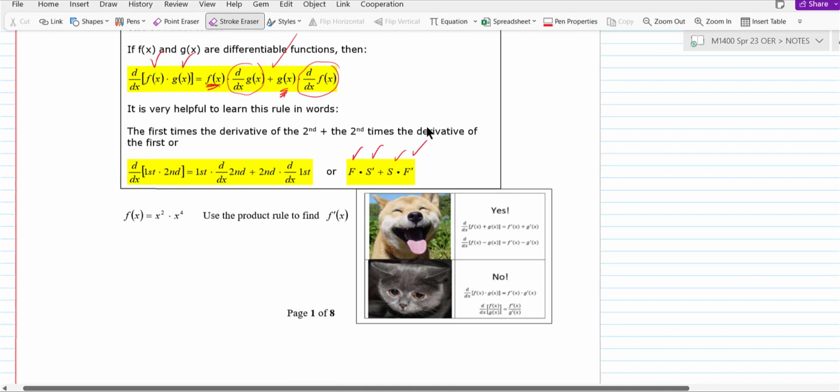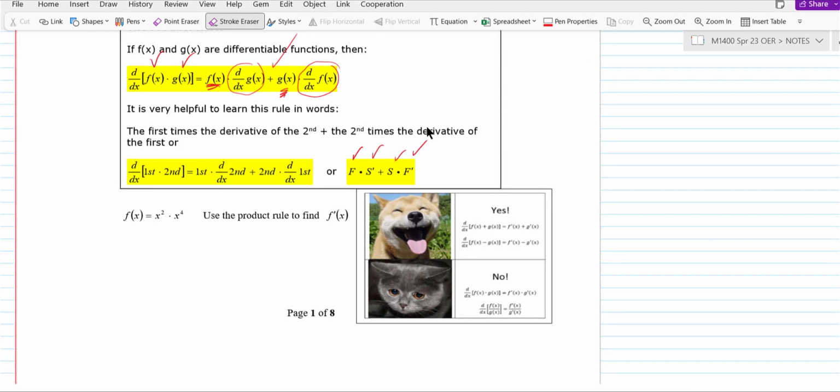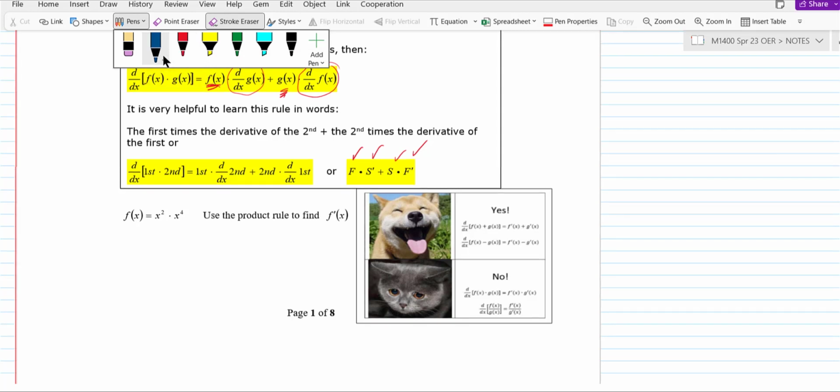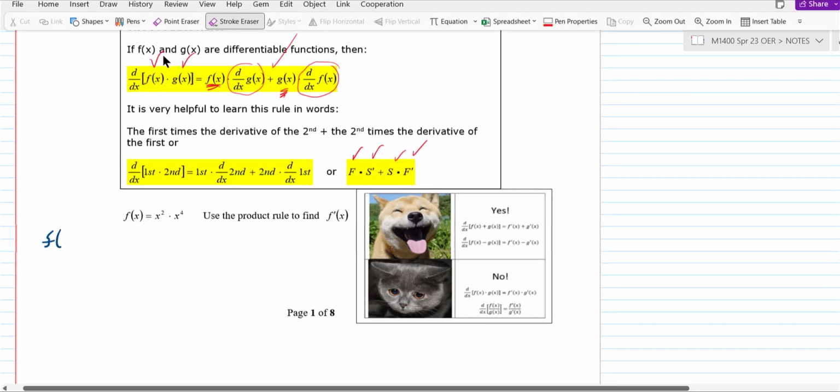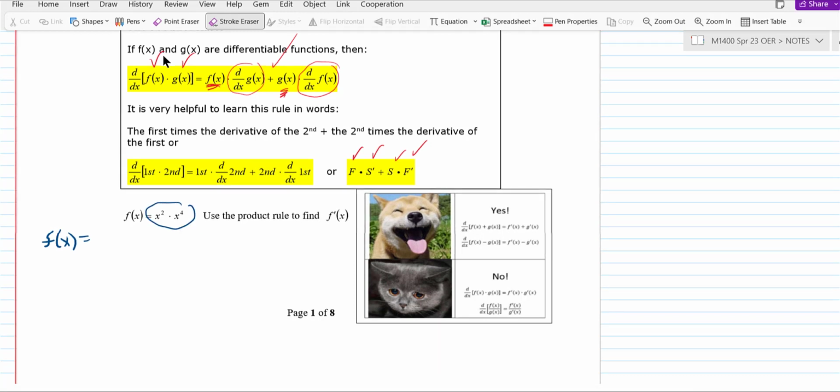Okay, so down on this problem that we just worked out, I want to show you how the product rule would work on this problem. Now, obviously, the best way to do this problem is like we did earlier. You just simplify to get x to the sixth, and then in your head, you get the derivative is 6x to the fifth.